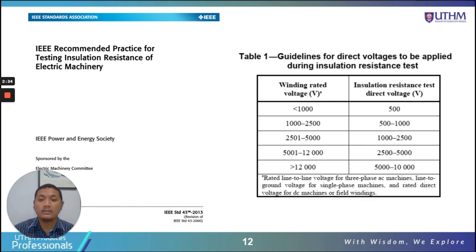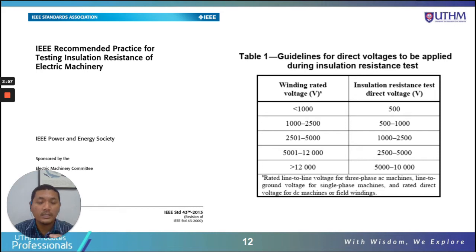So what is the voltage level that needs to be applied to perform the IR test? This is for rotating machines, single phase, 3-phase, AC machine, DC machine. All machines will refer to the standard.